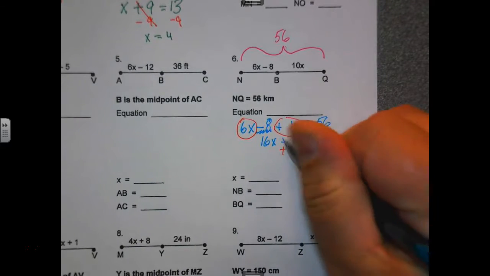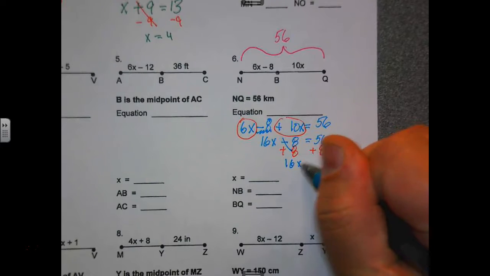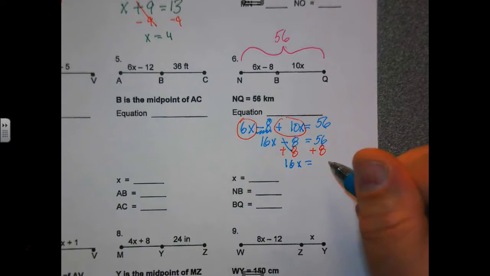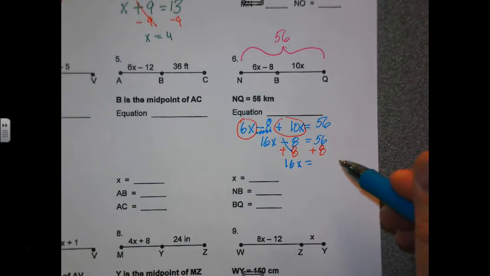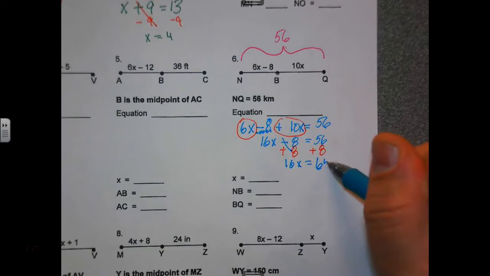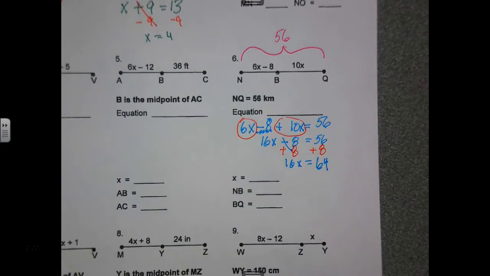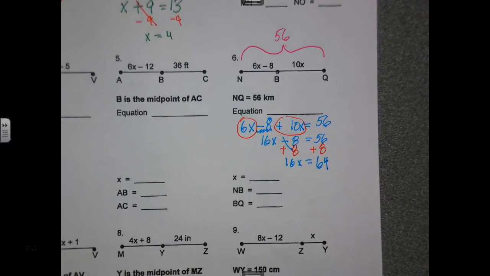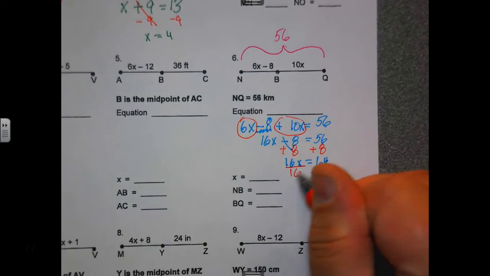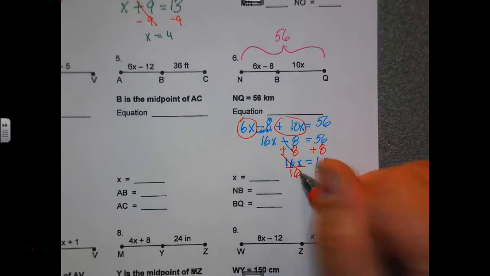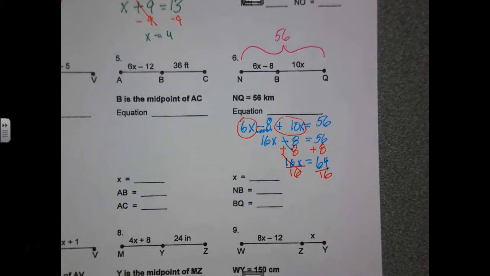So these add up to 0. I have my 16x and 64 on the other side. Divide both sides by the coefficient 16, and my x equals 4. Wonderful.